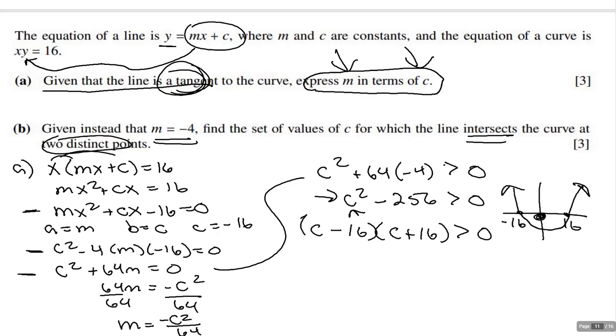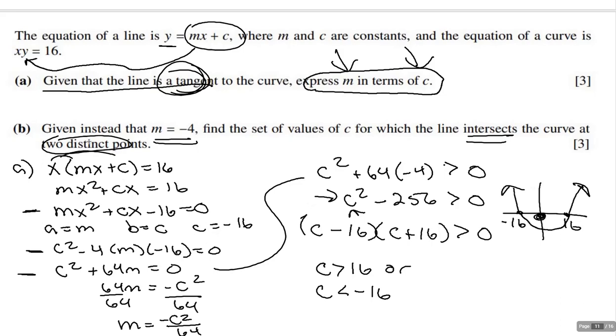If I make this a 0, negative 256 is not greater than 0. So my answers are not between these two. My C's are going to be greater than 16, or less than negative 16. When you have a quadratic inequality, you have to find the zeros, and your answers are either going to be between them or outside of them. It's always going to be that way.